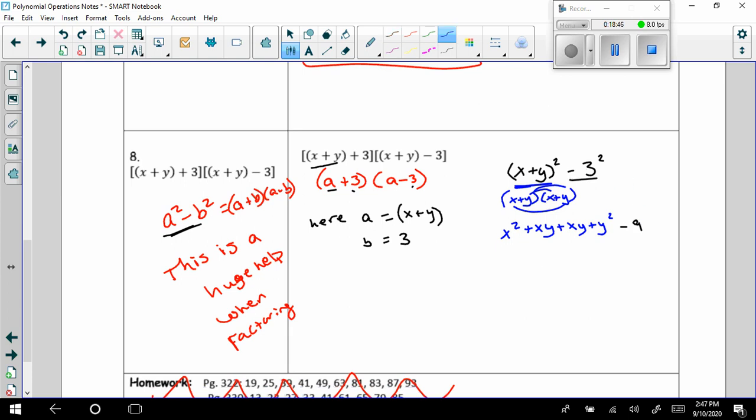All right, combine like terms and then we're done. We have x squared plus 2xy, remember your exponent rules, plus y squared minus 9. And that is our final answer.